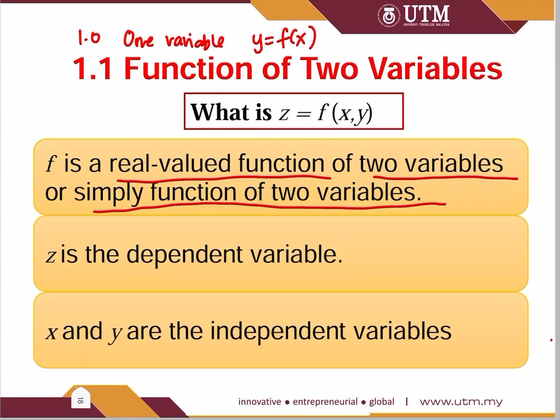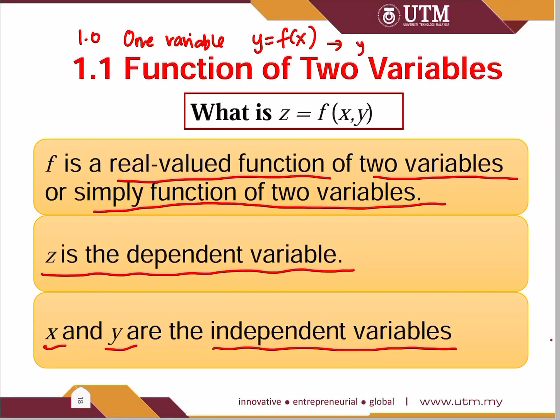In this case, z is the dependent variable, and x and y are independent variables. But for one variable before, we had y as the dependent variable and x as the independent variable.